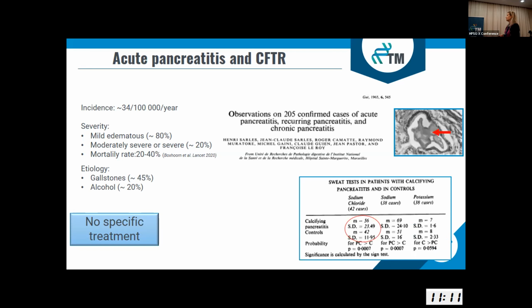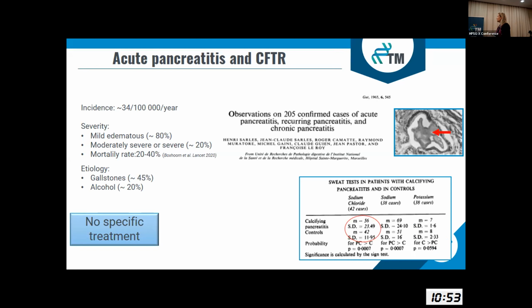The role of CFTR in acute pancreatitis has been raised more than 50 years ago in a clinical study conducted by Henry Sarles and his colleagues. In this study, alcoholic pancreatitis patients were investigated.